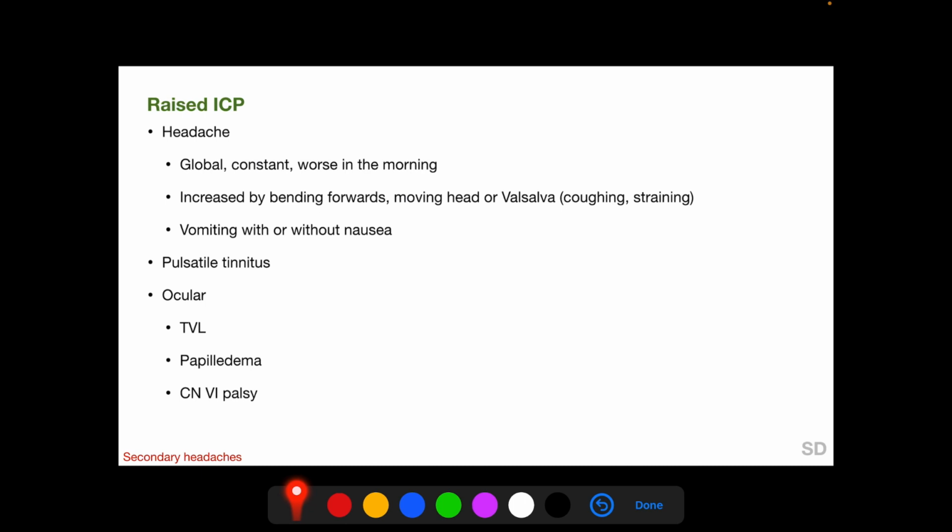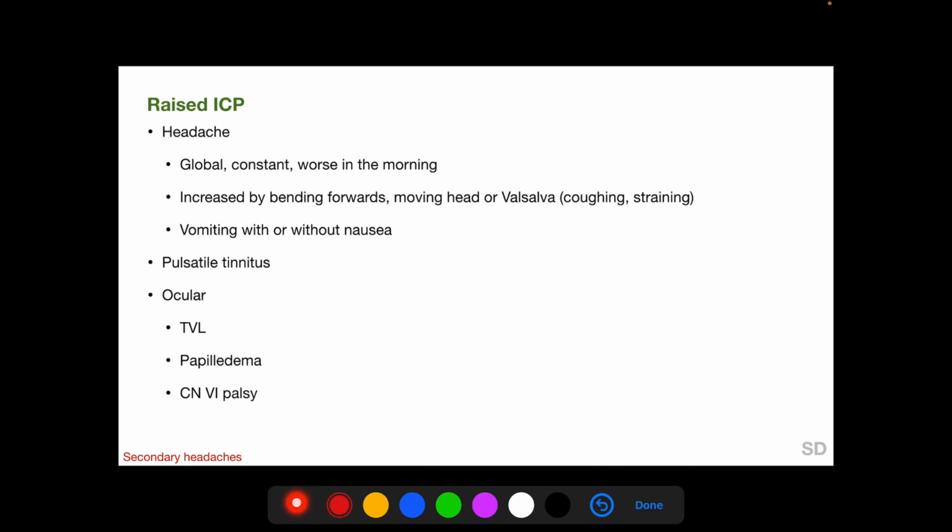Headache in raised intracranial pressure is global, that means the entire head is involved, is constant, and is worse in the morning. The headache is increased by bending forwards, moving the head, or by Valsalva maneuvers like coughing and straining. Patients may have vomiting with or without nausea.